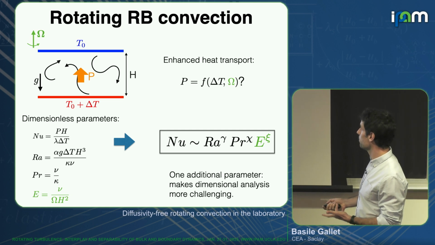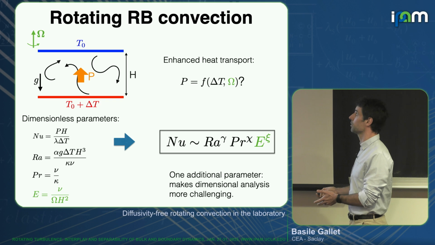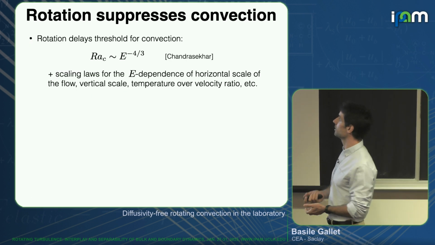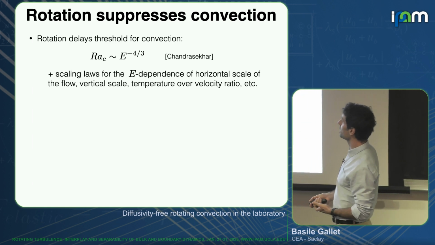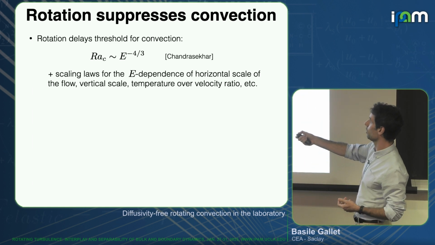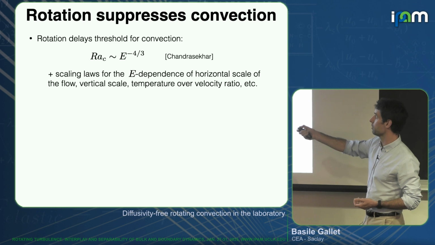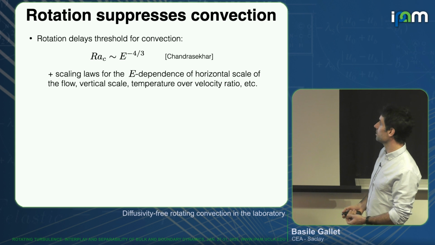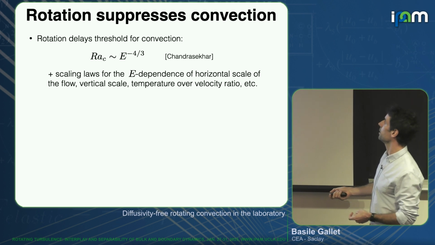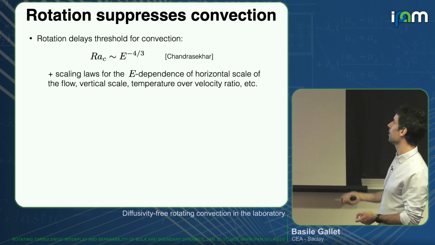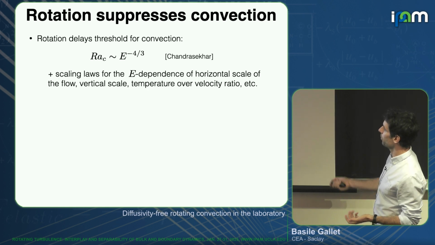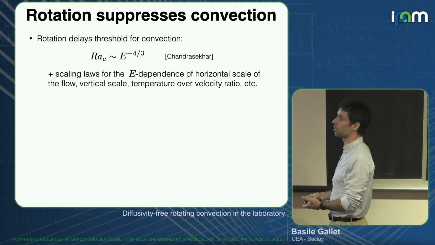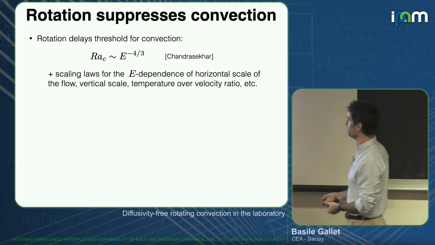And as we know, you can make progress by considering the asymptotic regime of rapid rotation. We've seen that rotation suppresses convection, so it delays the threshold, which now scales as Ekman to the minus 4/3. And if you do the full linear stability analysis, it gives scaling laws for the horizontal scale, the vertical scale, the temperature fluctuations, or the ratio of temperature to velocity. This is all encoded in the structure of the eigenmode of the linear stability problem.